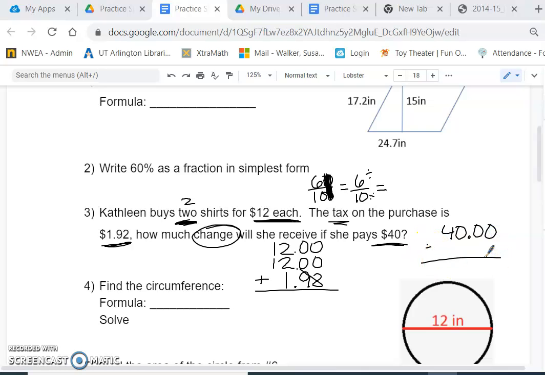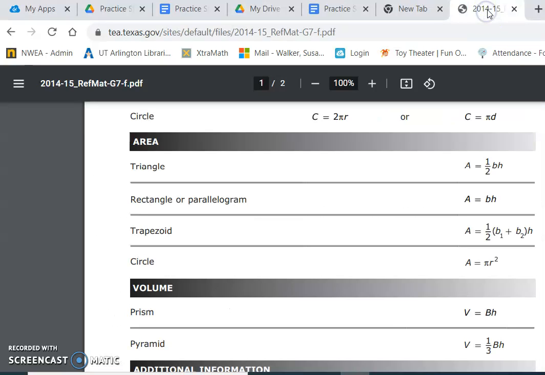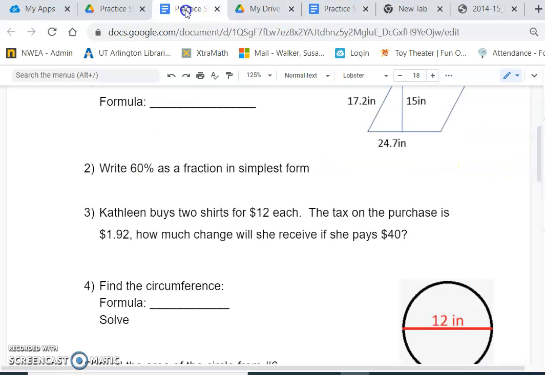Okay, now for what we were working on this past week, which is circumference. So circumference, see if I can scroll up. Right here, C equals 2 pi r or pi d.